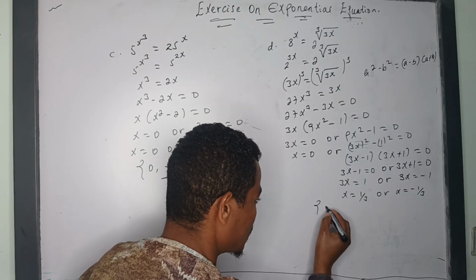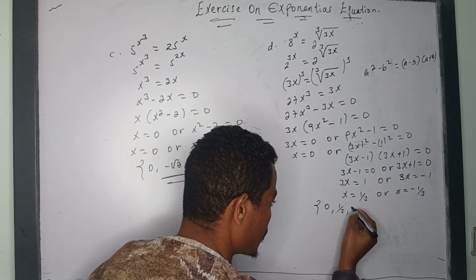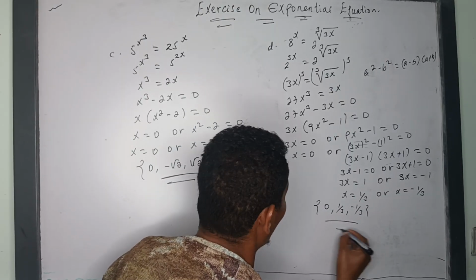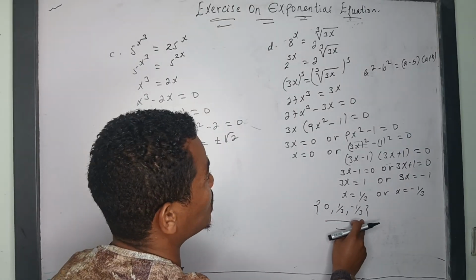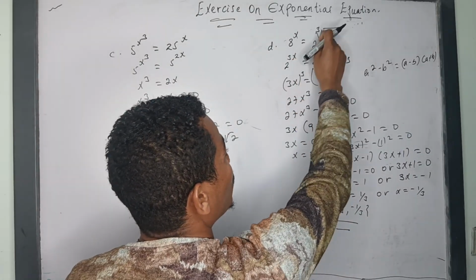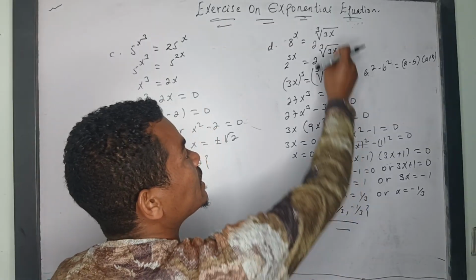So the solution is 0, 1 over 3, minus 1 over 3. So when the value of x is equal to 0 or 1 over 3 or minus 1 over 3, 8 to the power of x is equal to 2 to the power of cube root of 3x.